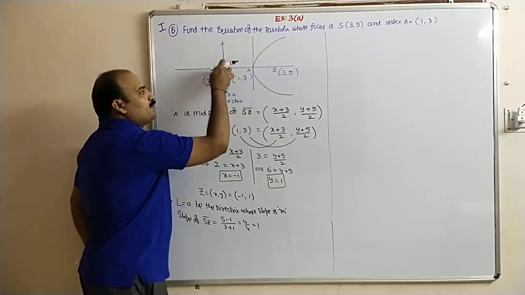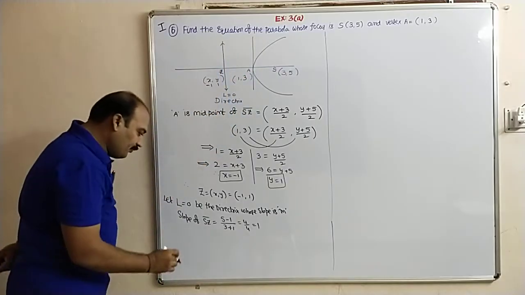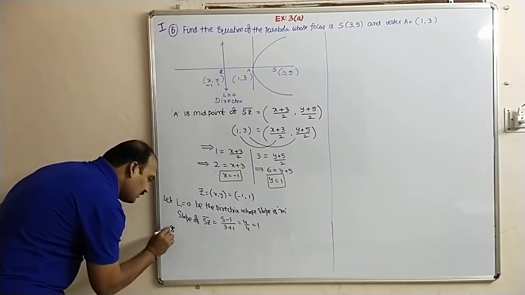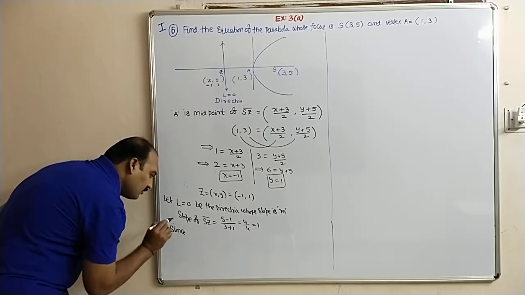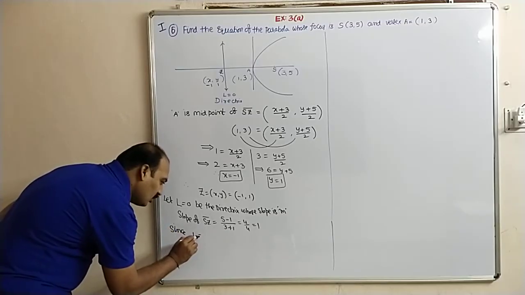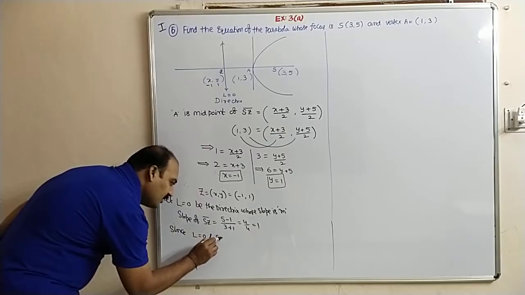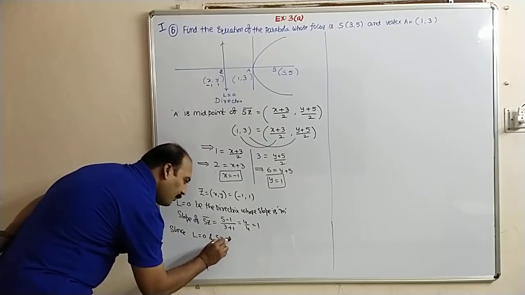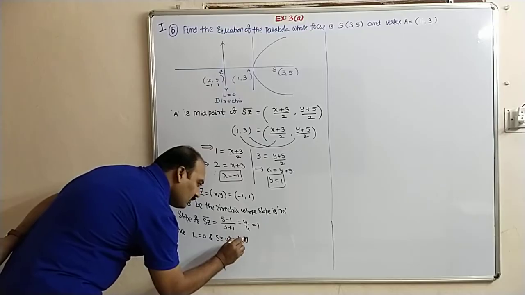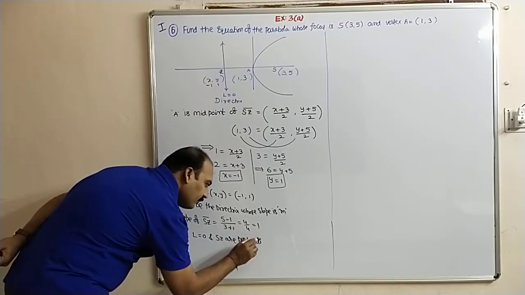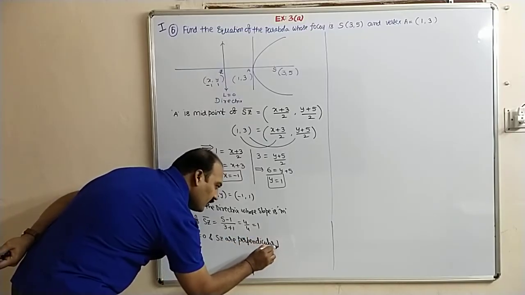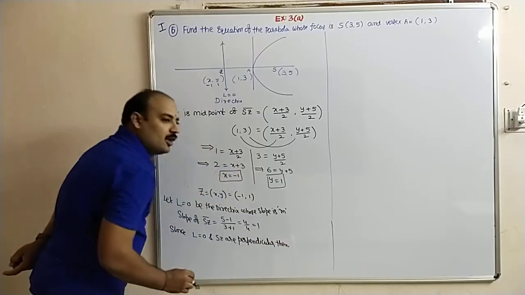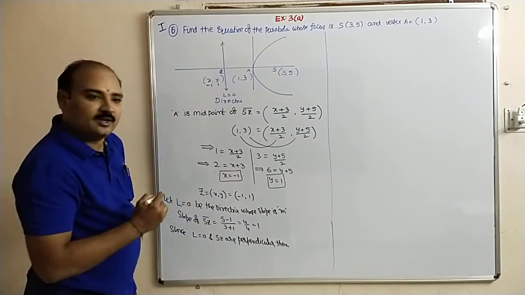Since SZ is perpendicular to L equal to 0, since L equal to 0 and SZ are perpendicular, then the product of slopes equals minus 1.